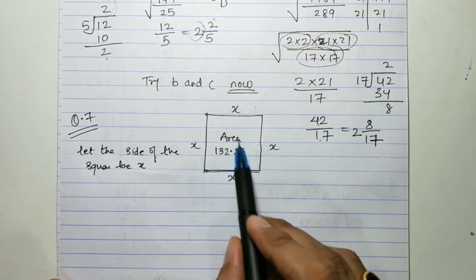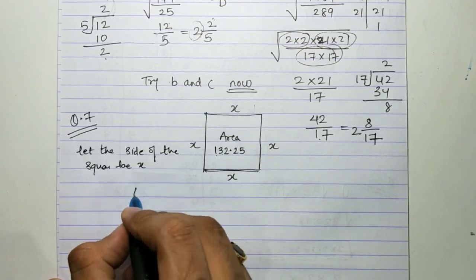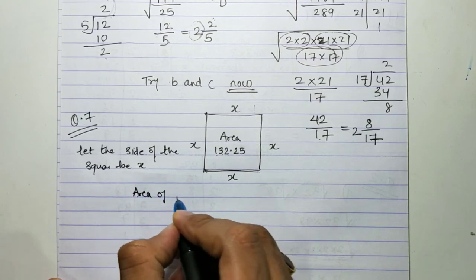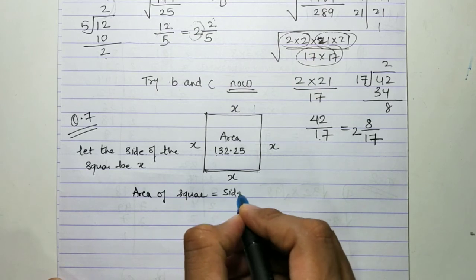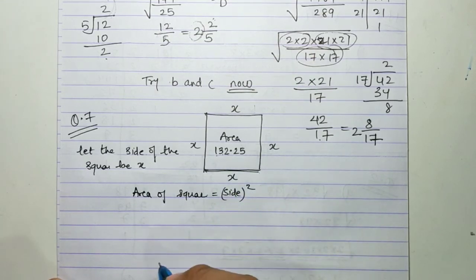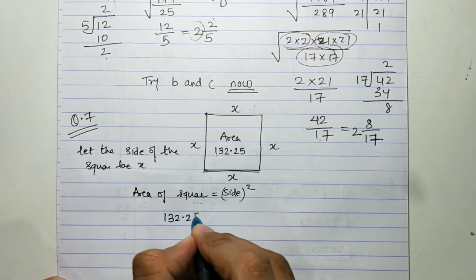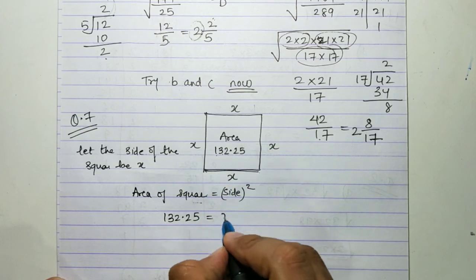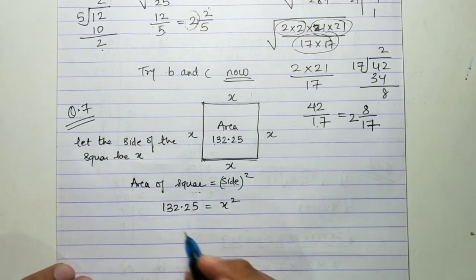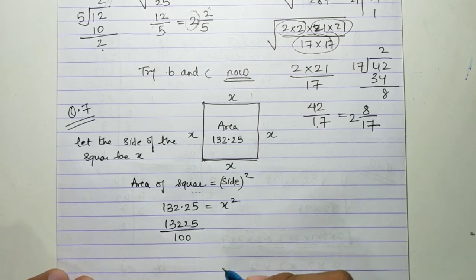And the area is given as 132.25. Okay. Now what is the area of square? Area of square is side square. That is the formula. Okay. Area is already given to you. 132.25 equals side square. Side is x, so x square. Okay. This 132.25 can be written like this.